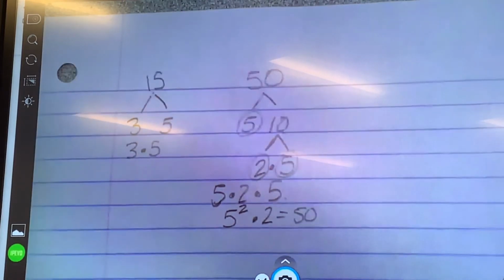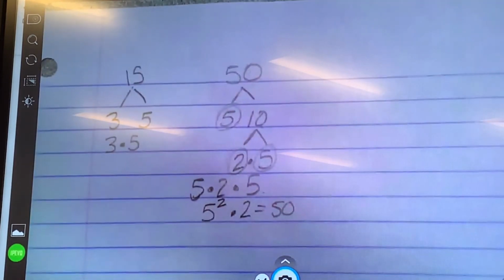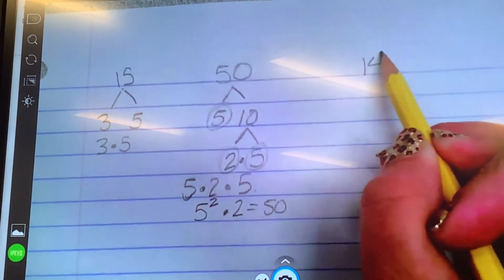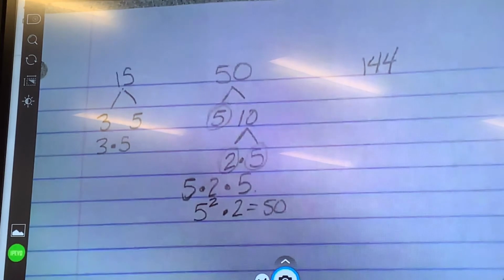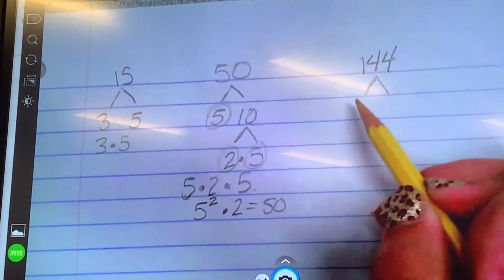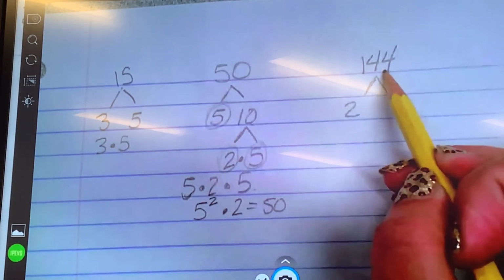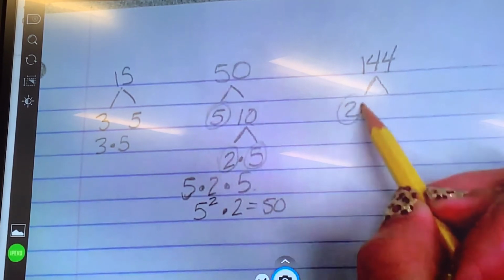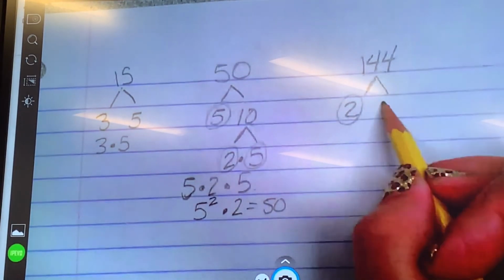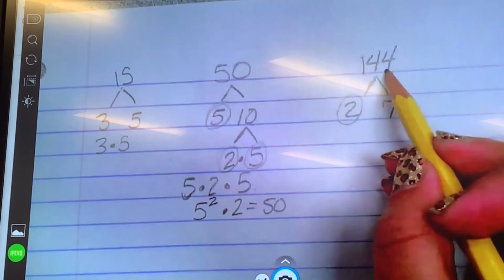Let's see if I can try to trick you all. Let's do 144. What are two numbers that you can multiply together to get 144? Well, I'm looking for prime numbers, and 2 is a prime number, and since this is even, we're going to start with 2. 2 can't go into 1, but it can go into 14 7 times, and 2 can go into 4 twice.